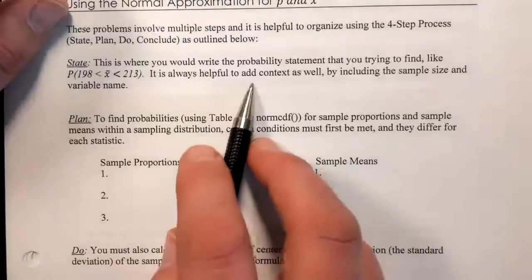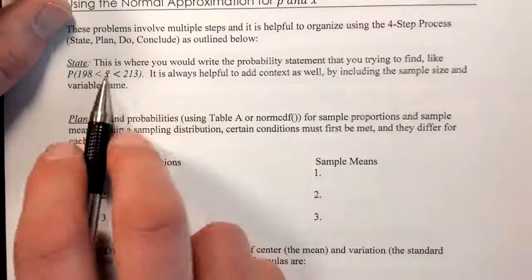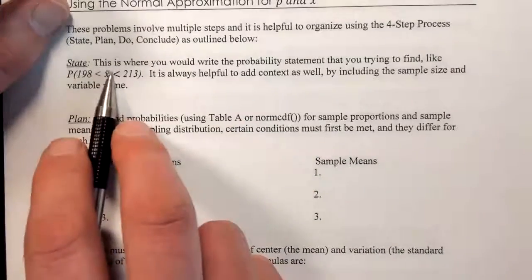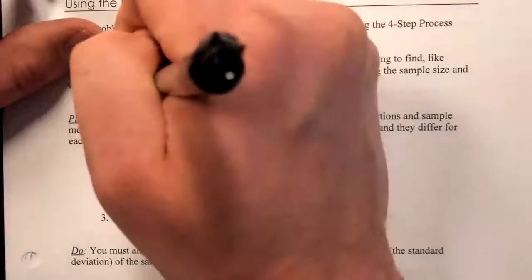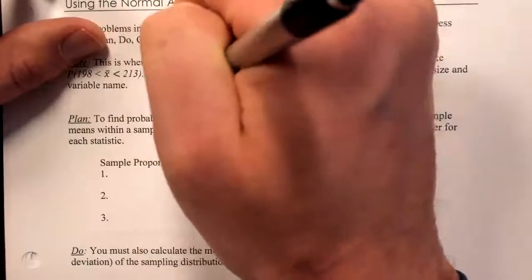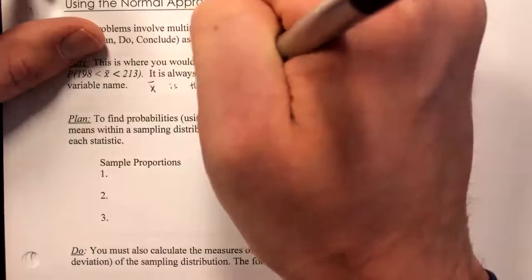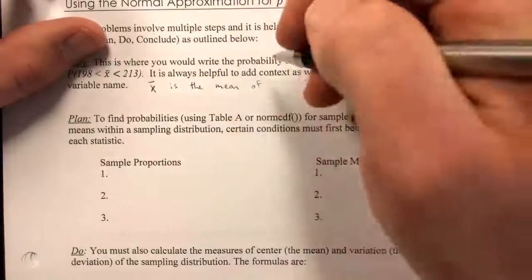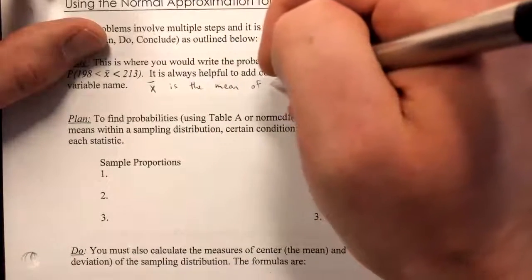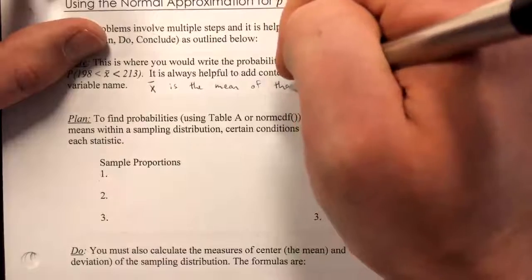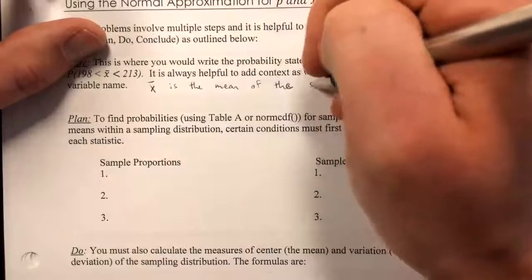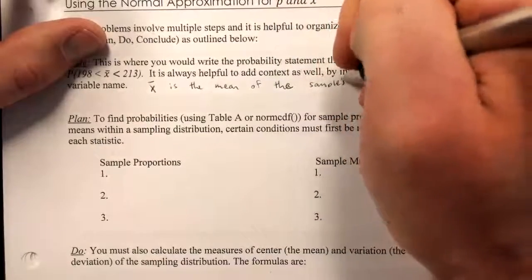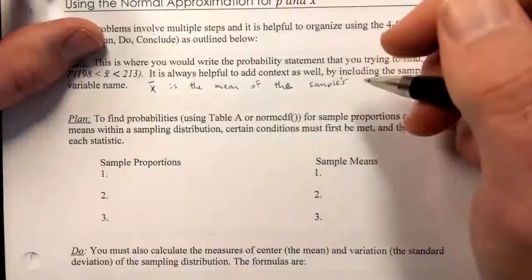One more thing is to always try to add context. What is this the mean of? You could say something along the lines of, X bar is the mean of the samples, like you'll see on the next page, GPA.